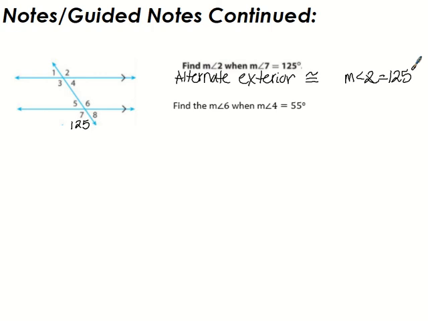All right, so then it says find the measure of angle 6 when the measure of angle 4 is 55. So if I put 55 right here, the relationship between 4 and 6 is that they are same side interior. So that means they are supplementary.